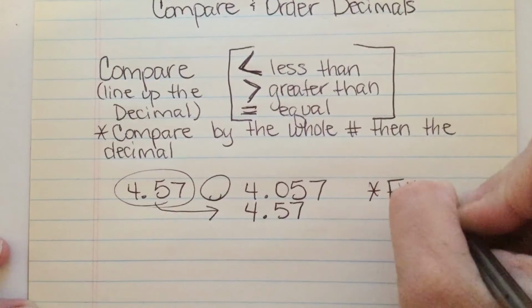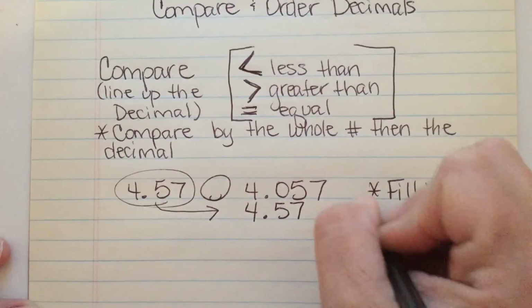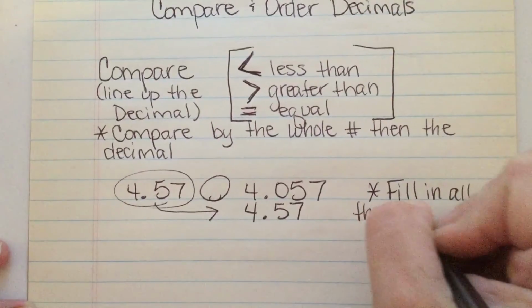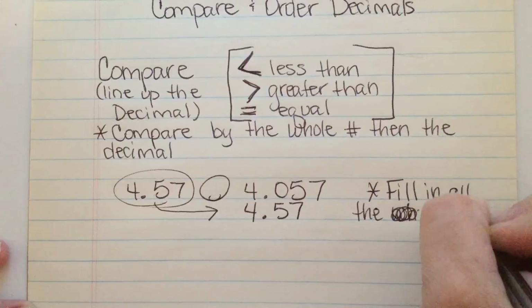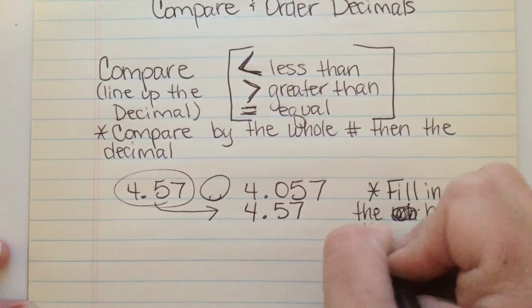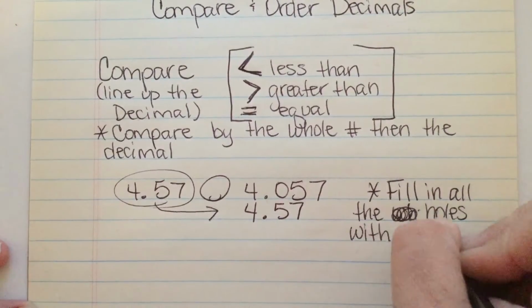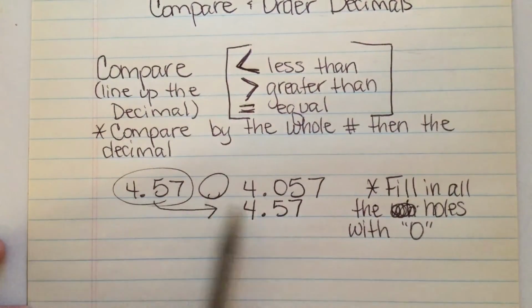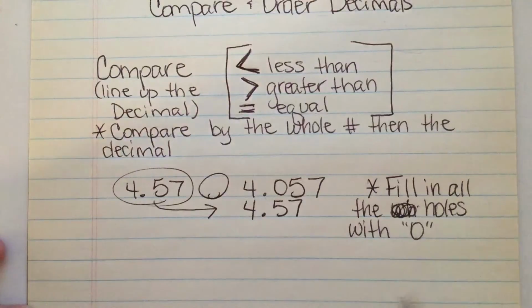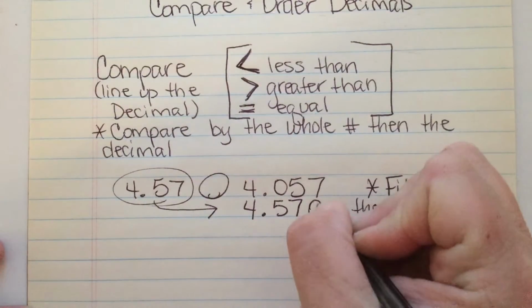After you've done that, after you've lined them up, you're going to fill in all the holes with zeros. So I'm going to fill in this hole with a 0.